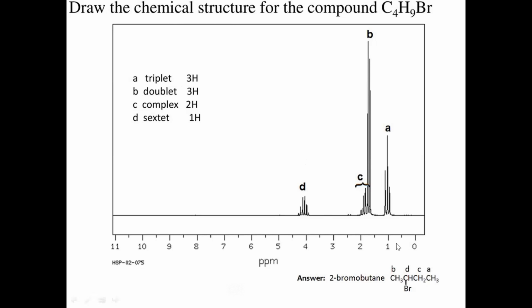So for this proton, a multiplet will appear because of the neighboring protons. Okay. A multiplet appears for this one, and a sextet will appear for one proton. Okay. You can see this one. By applying n plus 1, one sextet will appear.